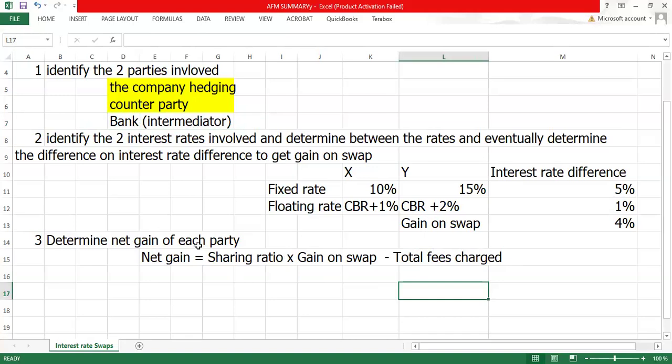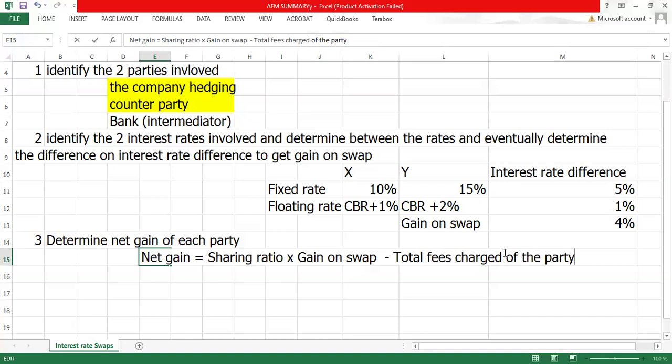If you're looking at party A, you look at its costs. Don't aggregate. Here it's the total fees of the party. That's how you will be determining the net gain of each party.